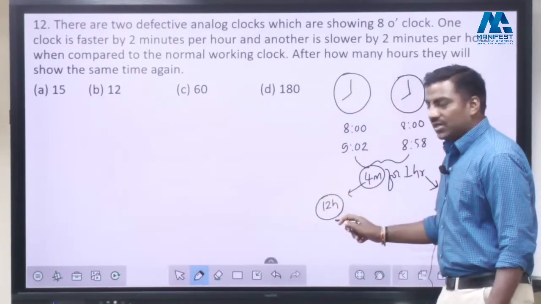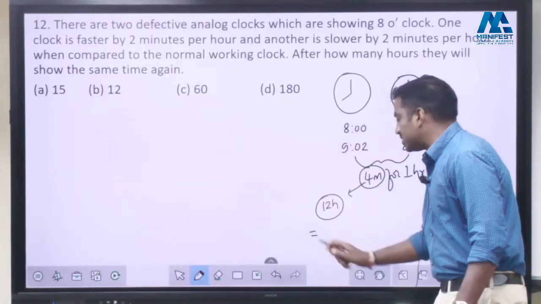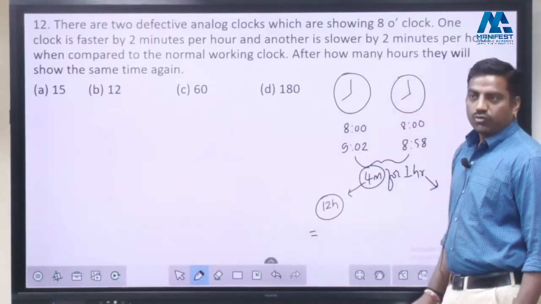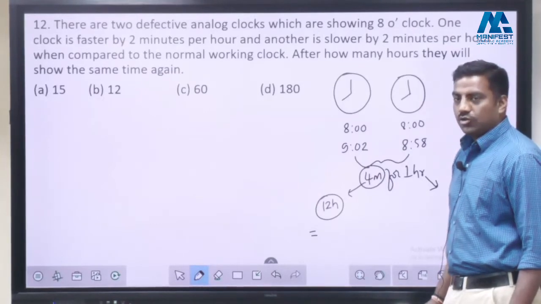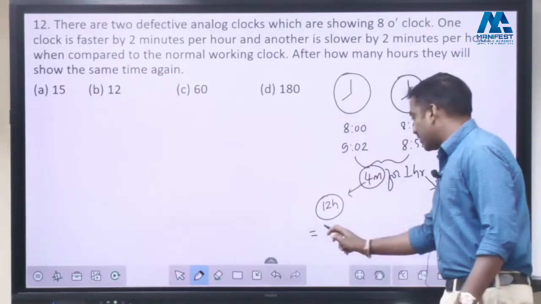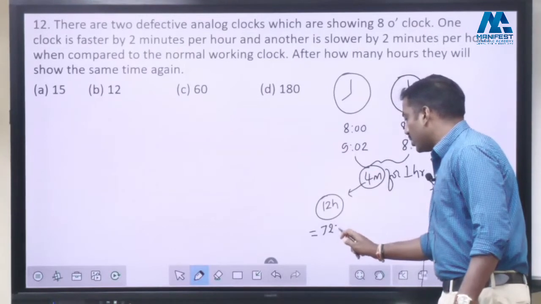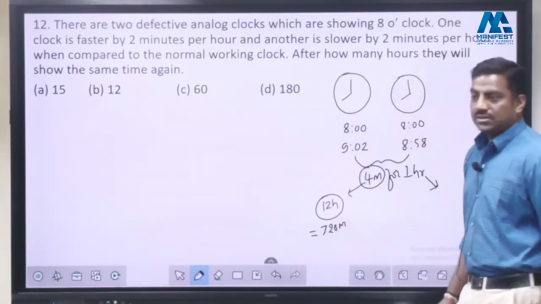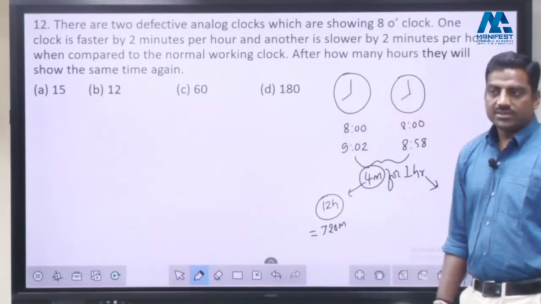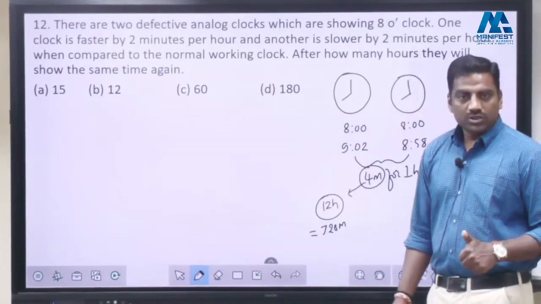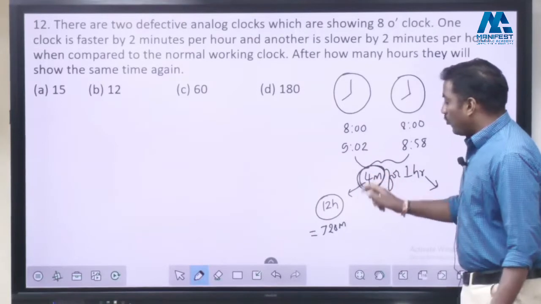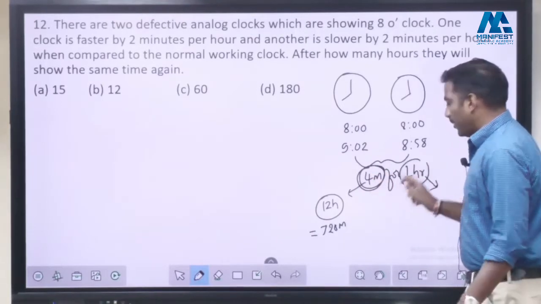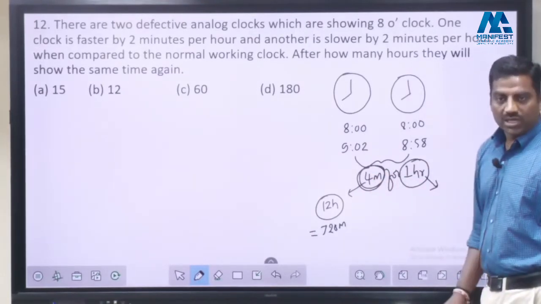But this 12 hours, if you express it in terms of minutes, how much will it be? 12 into 60, so 720 minutes. Done? No issues? For getting the difference of 4 minutes, we wait 1 hour.